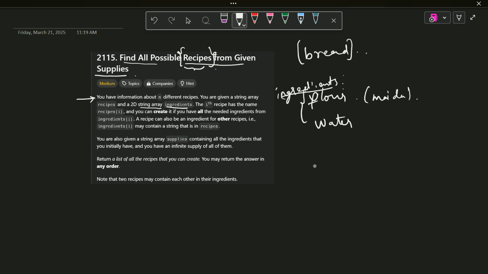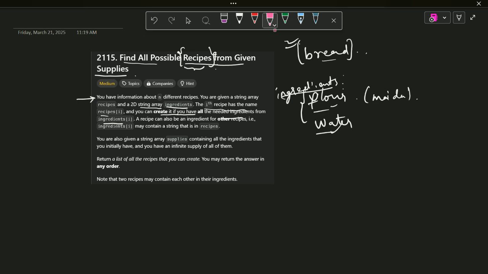That means each element represents the recipe's ingredients. The ith recipe, with the name recipes[i], you can create it with the needed ingredients from ingredients[i]. I have already said that for preparing a recipe, you require the ingredients represented in ingredients[i]. A recipe can also be an ingredient for other recipes.